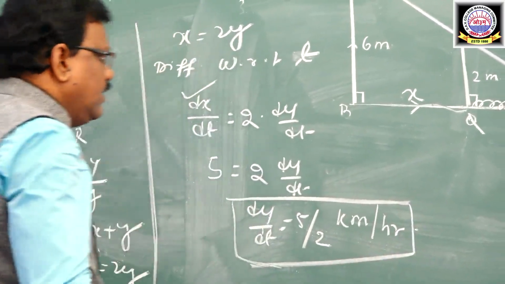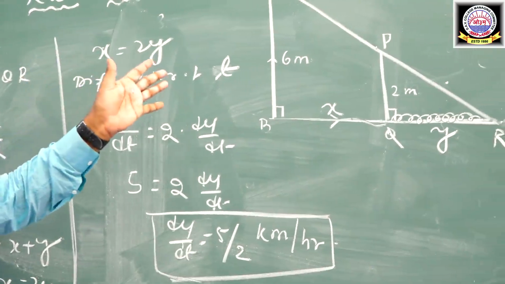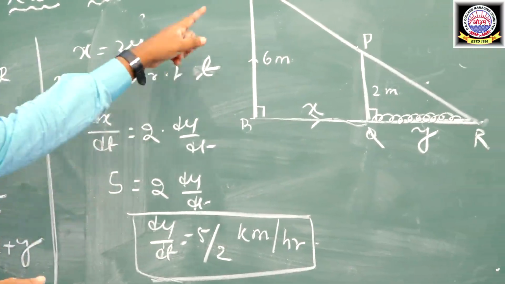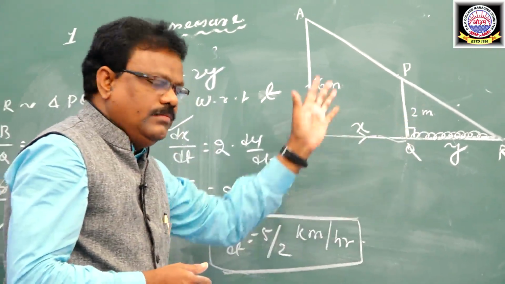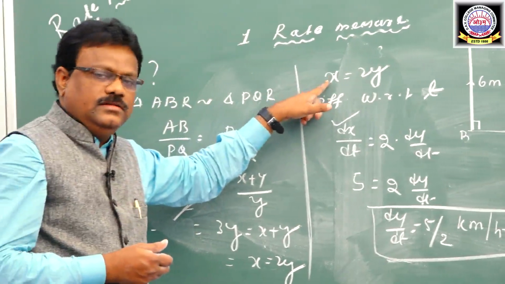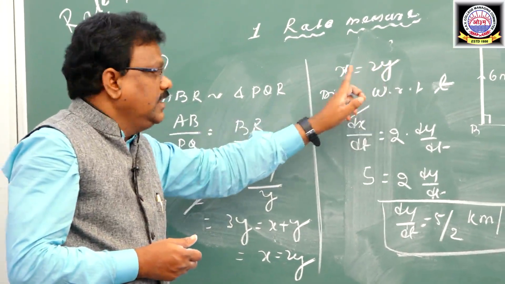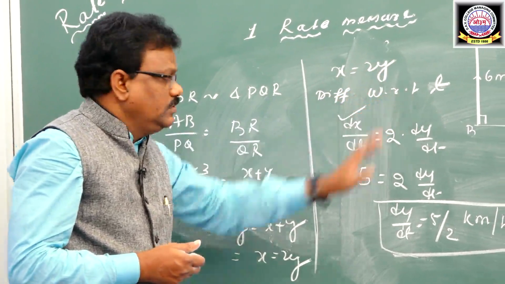That means very simple. By using the concept of similarity, we got AB by PQ equal to BR by QR, and in this way we got a relation between x and y, that is x equal to 2y, and we differentiated with respect to time.